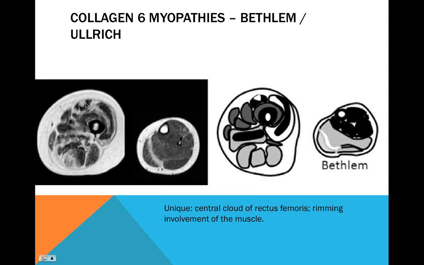Now you say, why is there a central cloud within the rectus femoris muscle? Well, the rectus femoris muscle is something known as a bipennate muscle, and a bipennate muscle means it's divided longitudinally by a big long line of fascia. So this is, again, following the rules of the collagen 6 disorder, meaning that this problem with the muscle is actually stemming out from the fascial plane within the rectus femoris muscle itself.